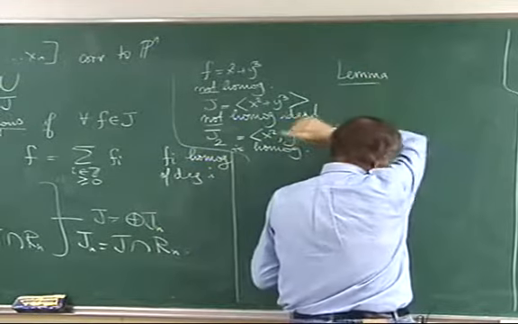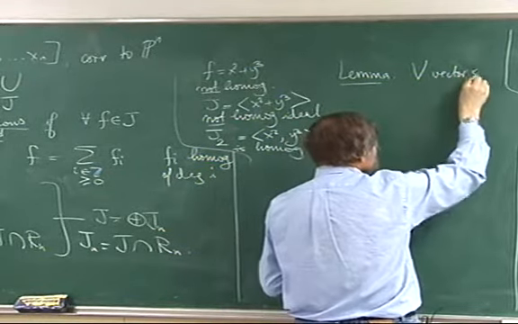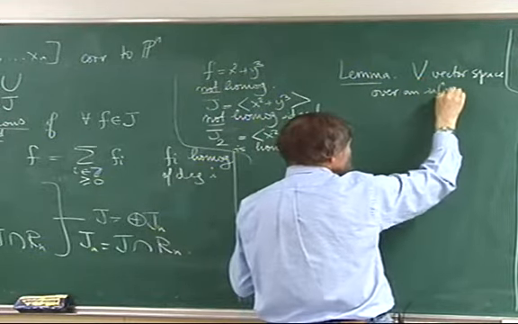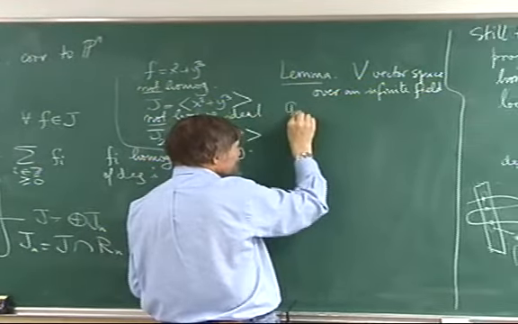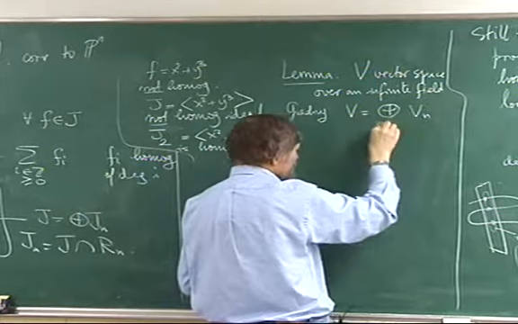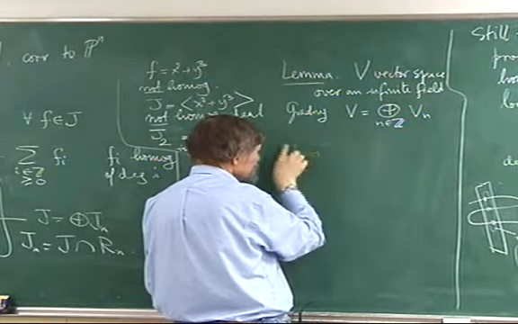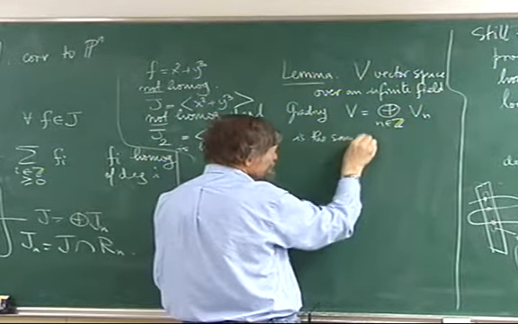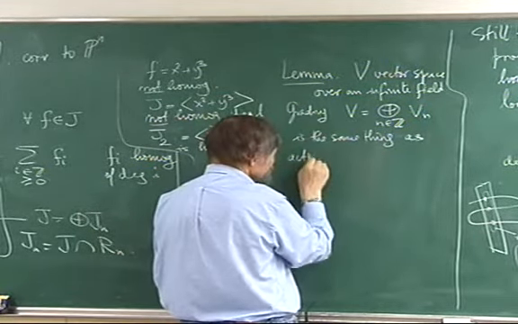Let's say I take V a vector space over an infinite field K. Then a grading of V, a direct sum V_n with n in Z, is the same thing as an action of the multiplicative group.